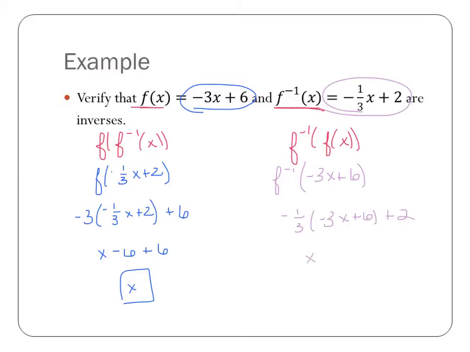So this becomes x minus 2, I was about to write 6, but multiplied by 1/3. So x minus 2 plus 2, which is x. You have to show all your work here, but this work and these answers of both being x verifies that those two functions are inverses of each other.